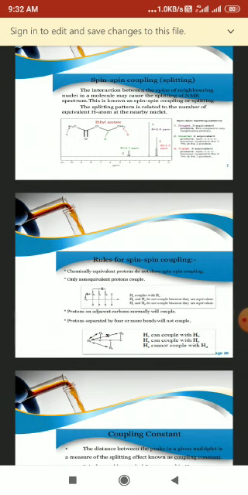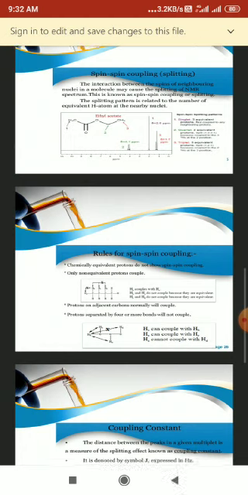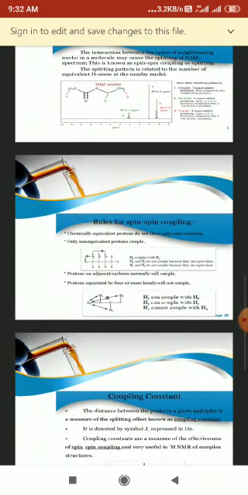Second rule: splitting of one proton by another on the same carbon is very rarely encountered because such protons are generally equivalent to each other. Third rule: the number of peaks into which a proton signal is split is equal to one more than the number of vicinal protons.